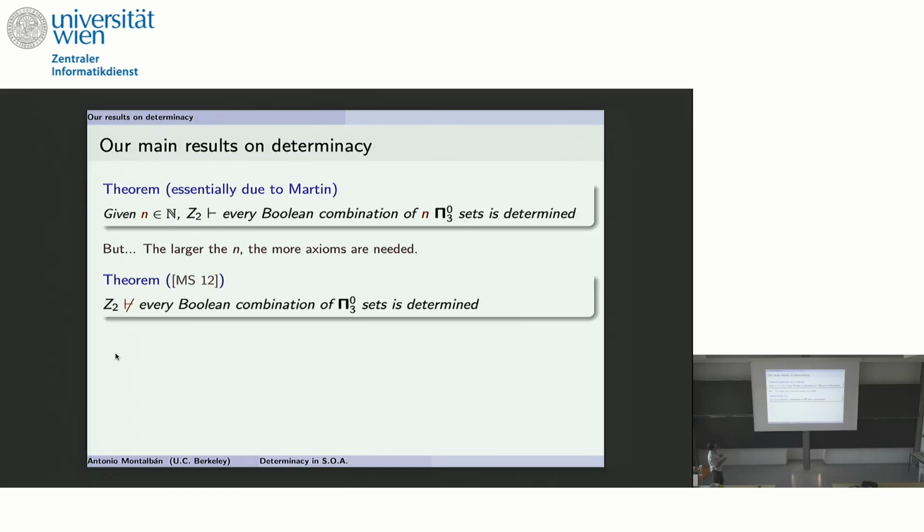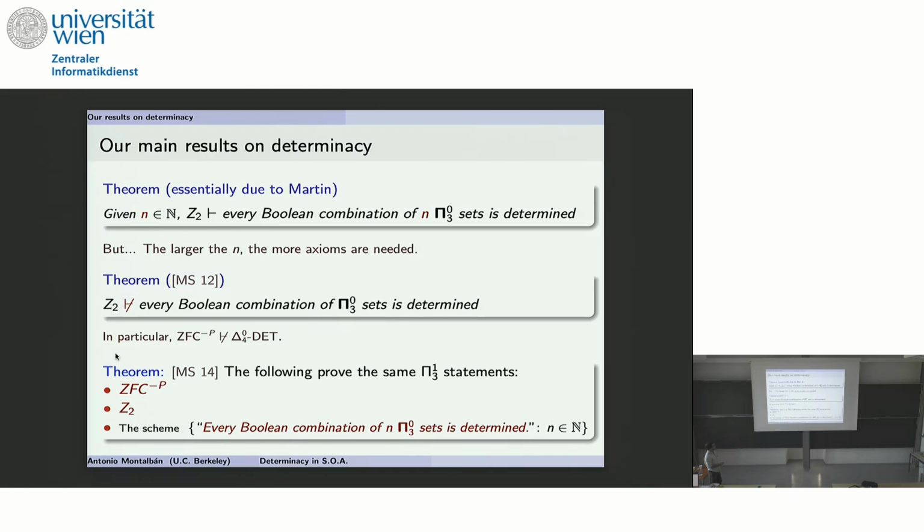And with Richard, long ago, we showed that second-order arithmetic cannot show that every Boolean combination of Pi 0 3 sets is determined. So that's kind of the limit. You can prove it for every single n, but not for all the n's. The same can be said about ZFC without the power set axiom.